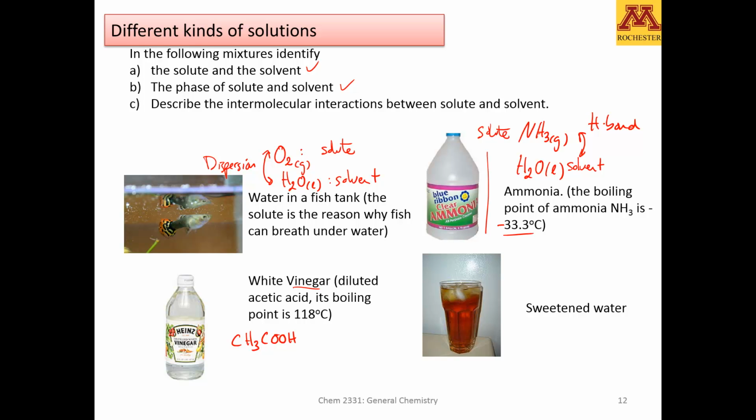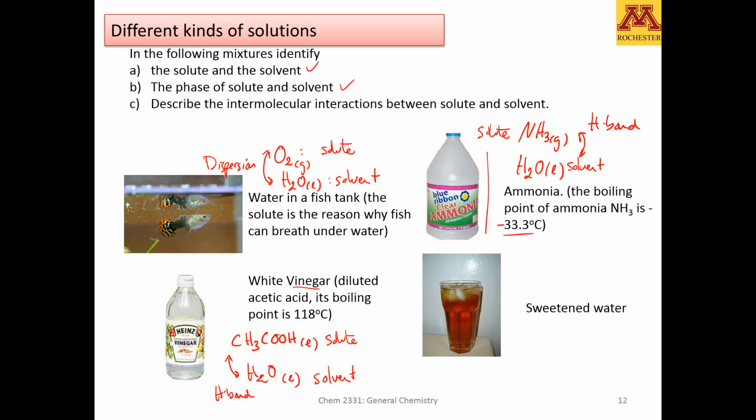The functional group gets oxidized from alcohol to carboxylic acid. And because it boils at 118, at room temperature acetic acid is a liquid, and of course, water is also a liquid. So in this case, the solute is a liquid, and the solvent is also a liquid. And what kind of interactions do they exhibit among solute and solvent? Again, this will be hydrogen bond.